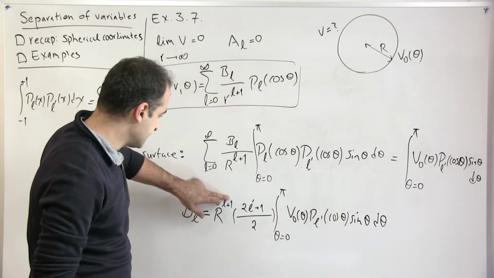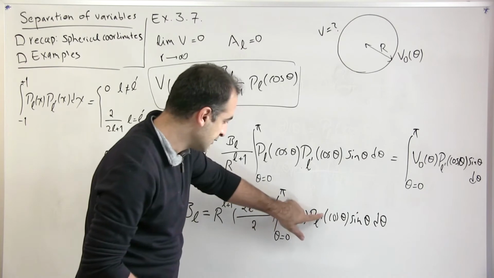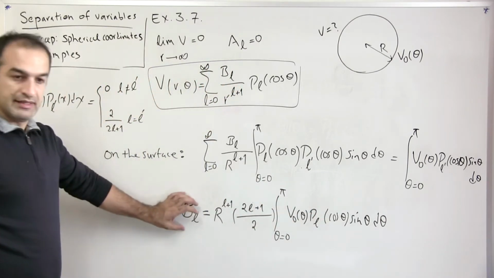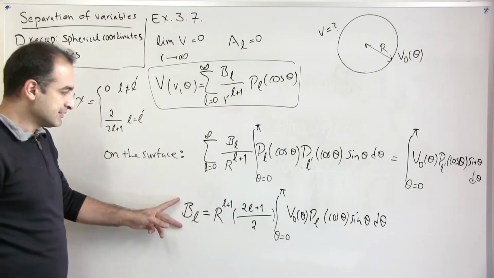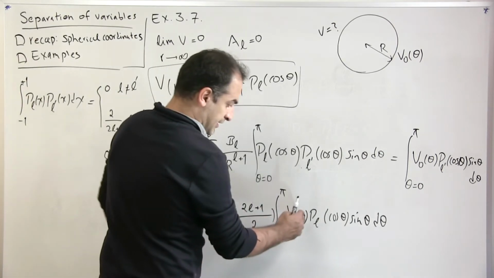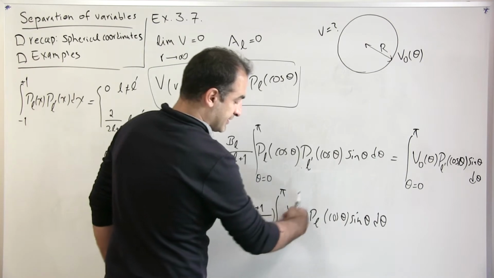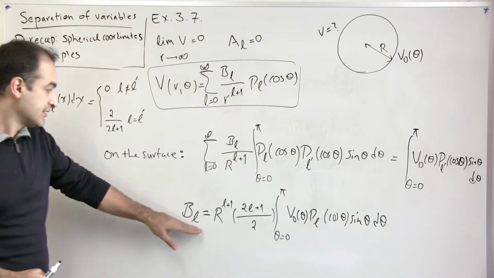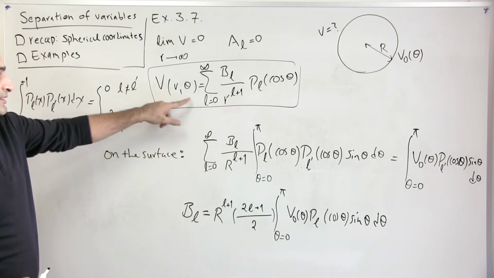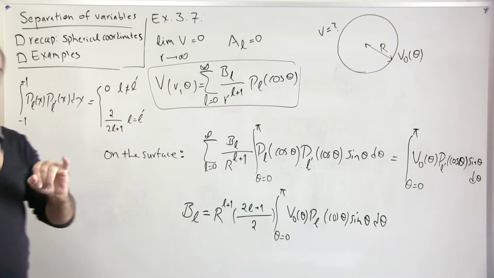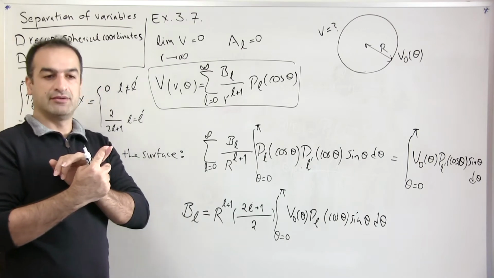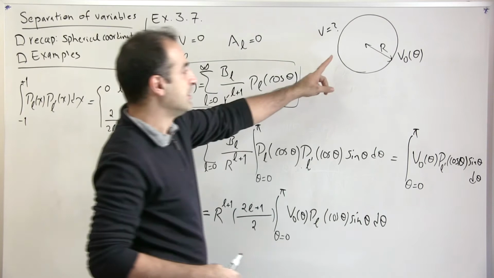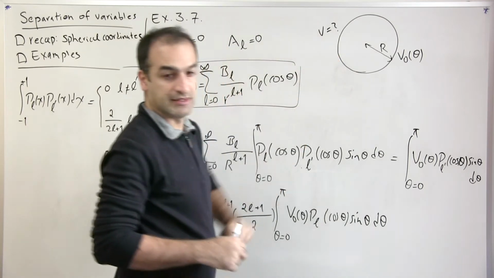I can just get rid of the prime and make it BL so that visually looks simple. And this is now the BL values as a function of the potential on the surface and the Legendre polynomials and integral and everything. So this combined with this summation is going to give us a potential that satisfies the Laplace's equation, satisfies the boundary condition at infinity, and also meets the boundary condition on the surface.